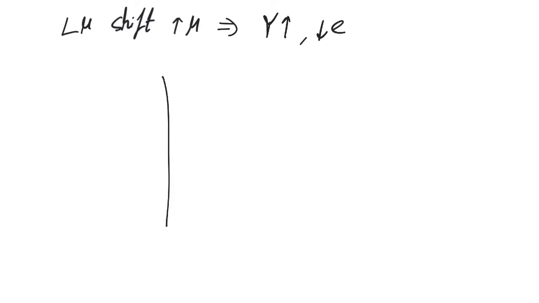Now, monetary LM shift, which basically can only happen here by increasing the money supply. This will cause an increase in output and a decrease in the interest rate.